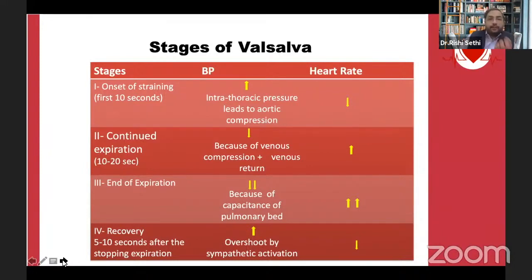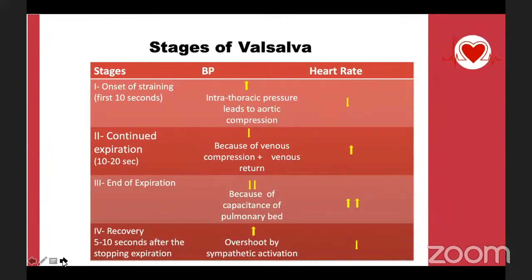Here, the BP starts to fall and the heart rate starts to increase because of the venous compression, and your venous return starts to get compromised. The whole physiology is a decrease in the venous return to the right side and the left side of the heart, leading to a fall in blood pressure and an increase in the heart rate. Phase 3 is just at the end of the expiration.